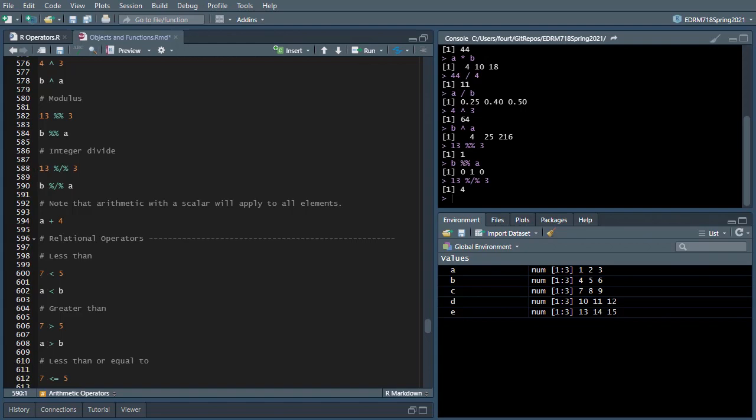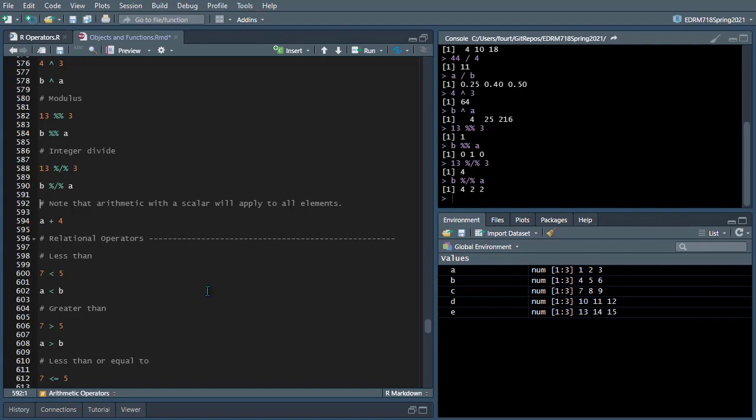Now we take 13 divided by 3, and instead of looking at the remainder, we look at the whole or integer part. 13 divided by 3 is 4 with 1 remainder, so we're just looking at the 4 part. Notice the combination of integer divide and modulus will give you the division result and the remainder, what's left over.